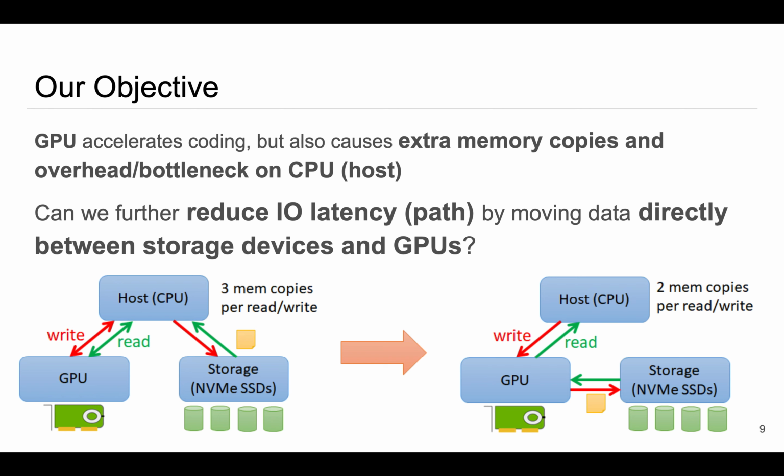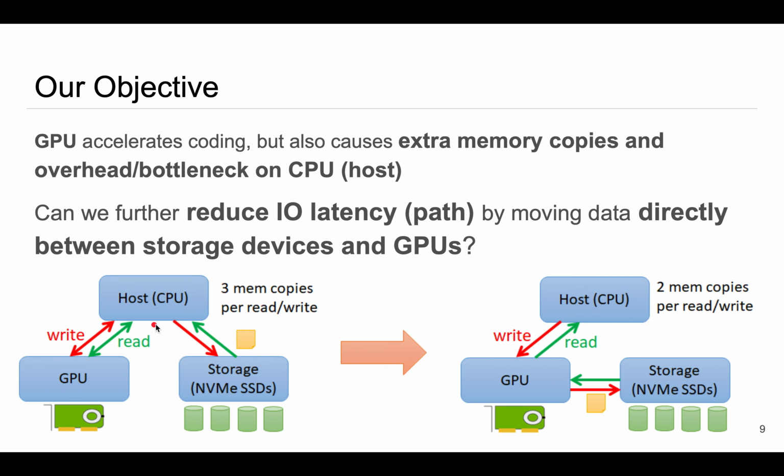While all previous work aimed to minimize the coding time, we found the I/O performance has become the main bottleneck when using GPUs. As shown in the figure on the left, data must be copied between GPUs and CPUs before encoding and decoding.